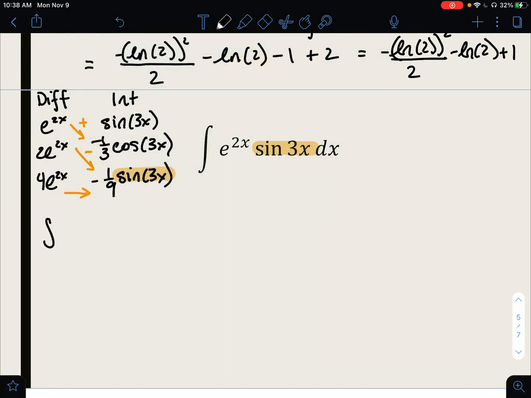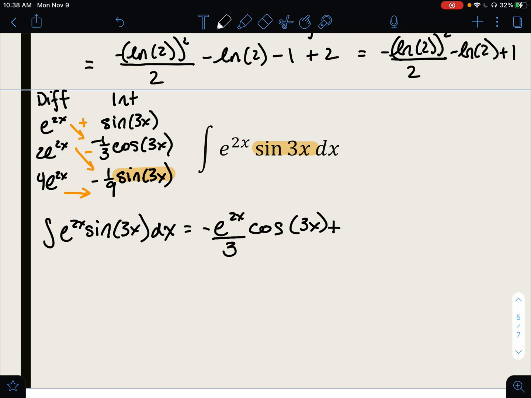So the integral of e to the 2x sine of 3x dx is equal to negative e to the 2x over 3 cos of 3x plus 2e to the 2x over 9 sine of 3x.